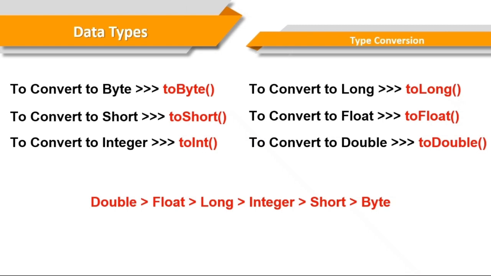In other words, if you convert a byte type to a double type, you will not experience any data loss. However, if you convert a large value to a small value, you may indeed incur data loss. For example, if you convert a variable of the type double to type integer, you will most definitely lose data.